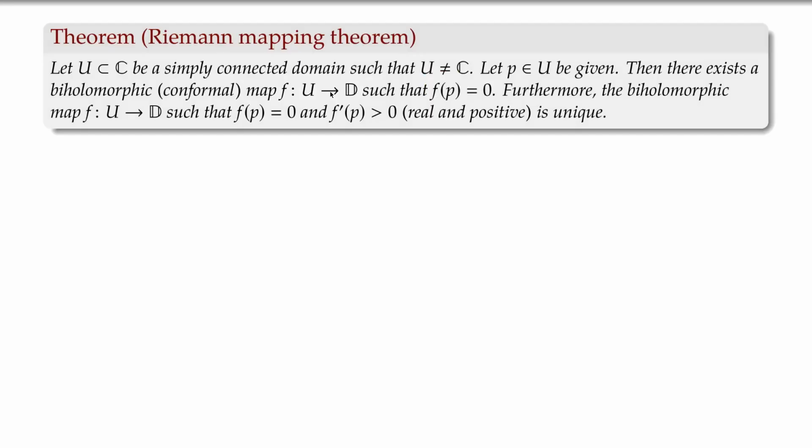So that means that U and D are biholomorphically or conformally equivalent. It means that this map f is bijective and its inverse is holomorphic.